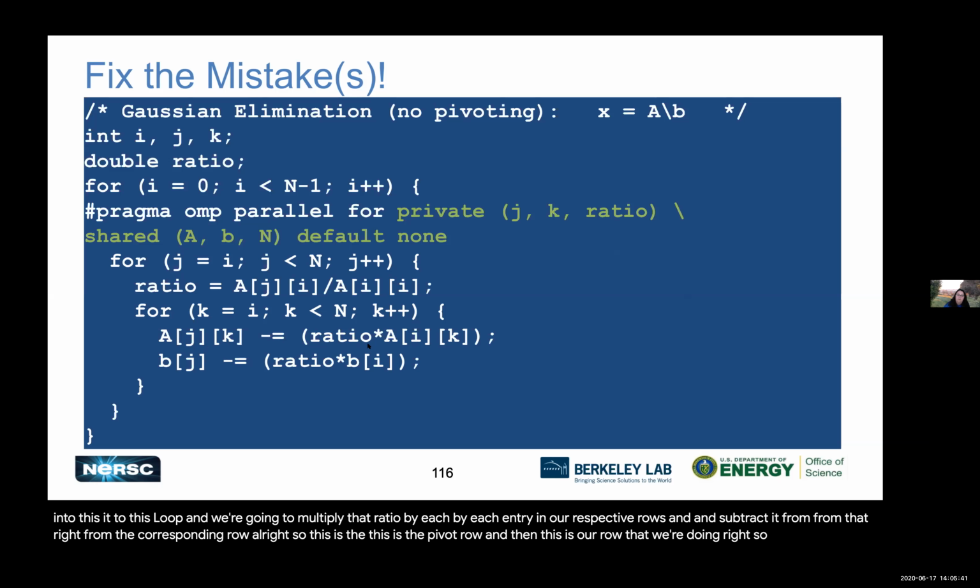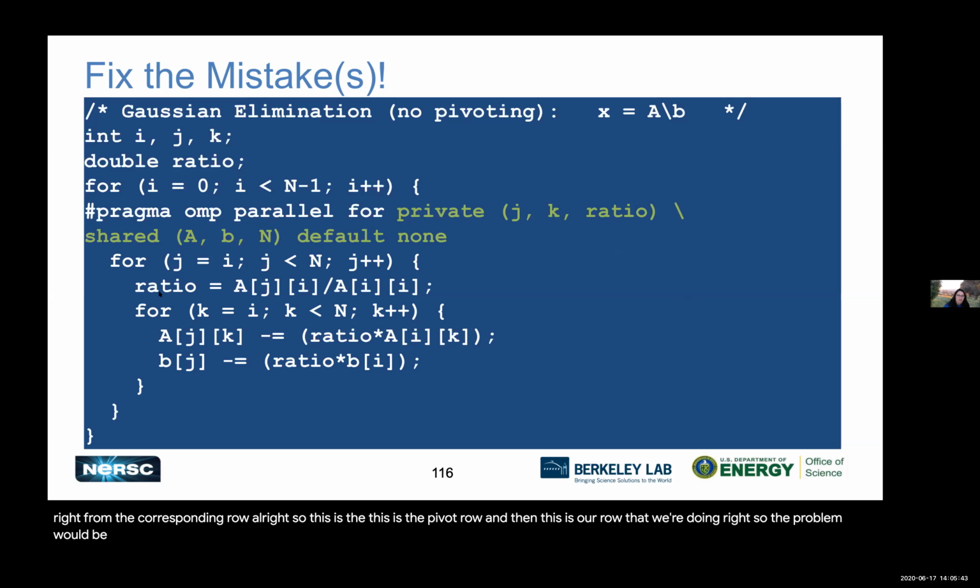So the problem would be, okay, let's say I compute my ratio, and then I get started here and I start doing stuff. You compute your ratio and you overwrite mine in the space where that variable is stored.